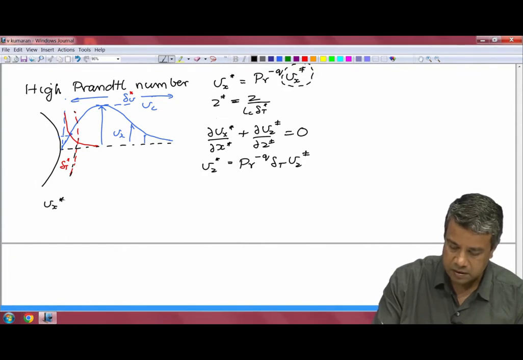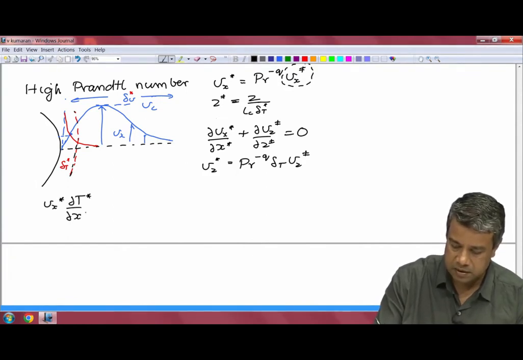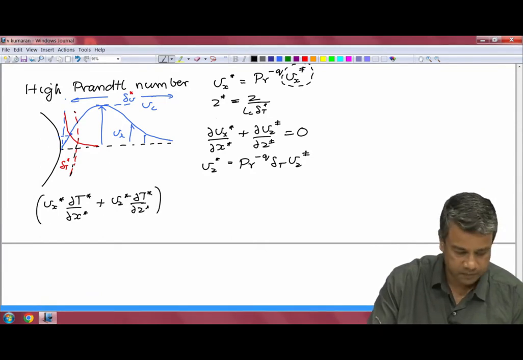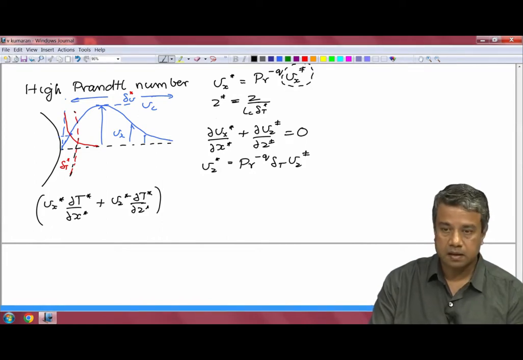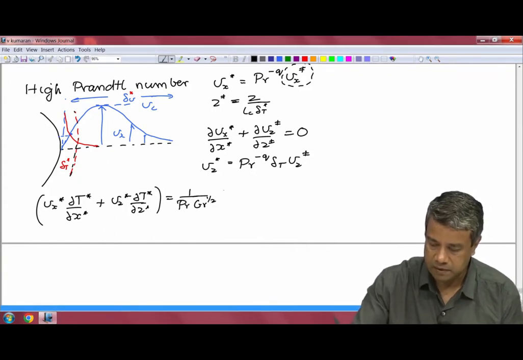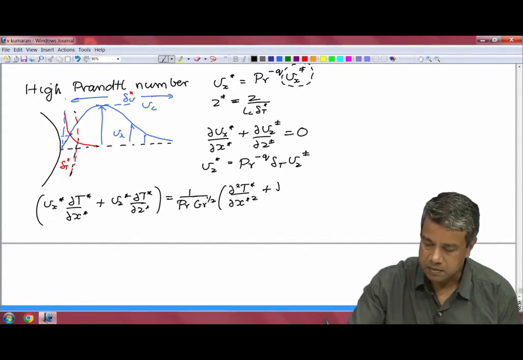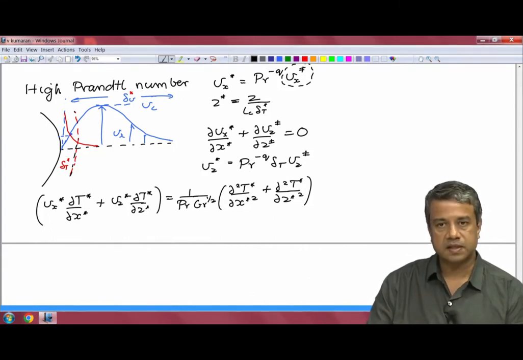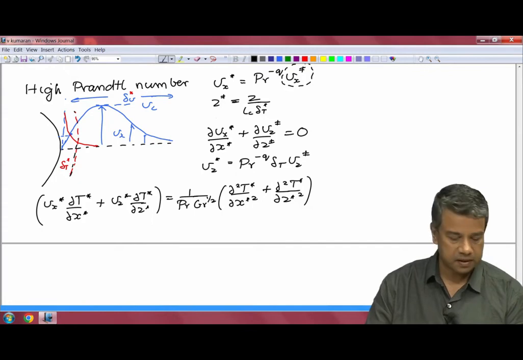If you recall, it was Vx star partial t by partial x plus Vz star partial t by partial z, I will neglect the body force, is equal to 1 by Prandtl number Grashof number power half into partial square t by partial x square plus partial square t by partial z square, where z star is z by Lc and Vz star is Vz by Lc.